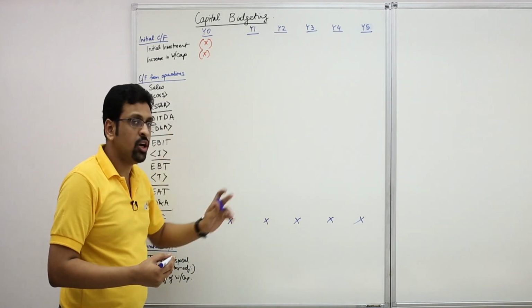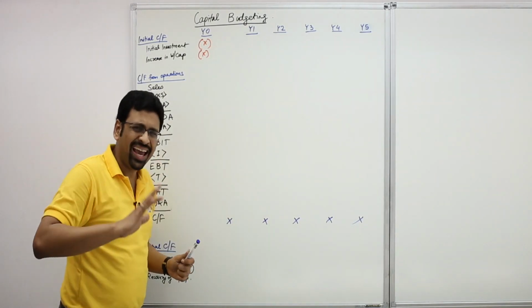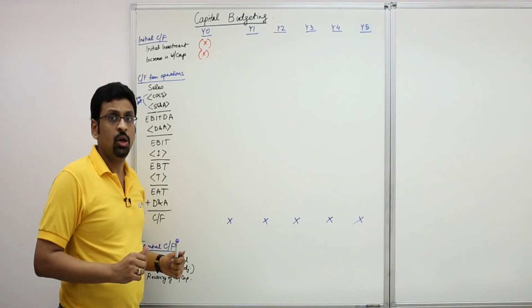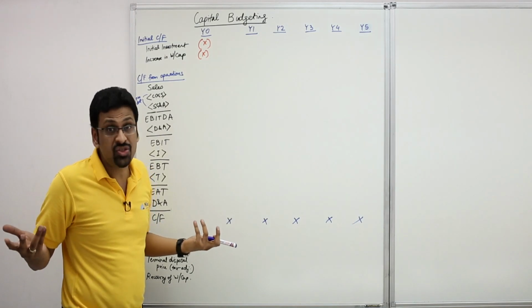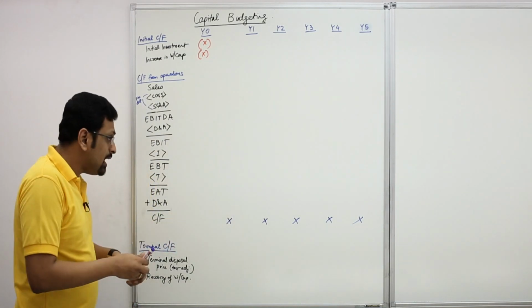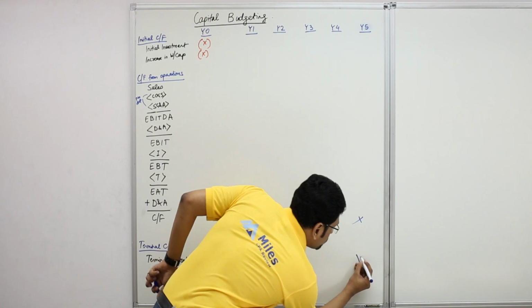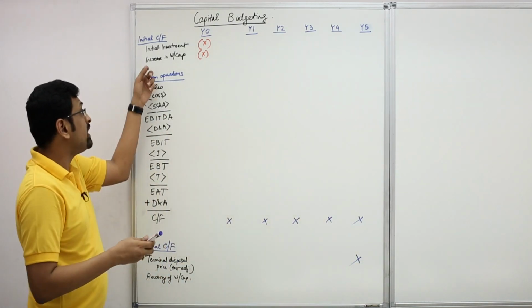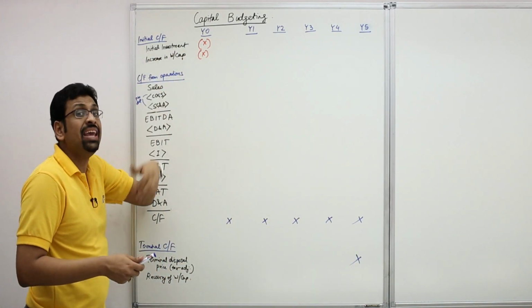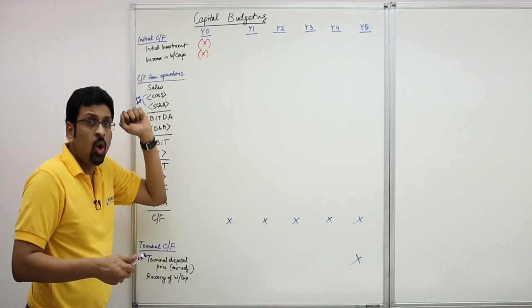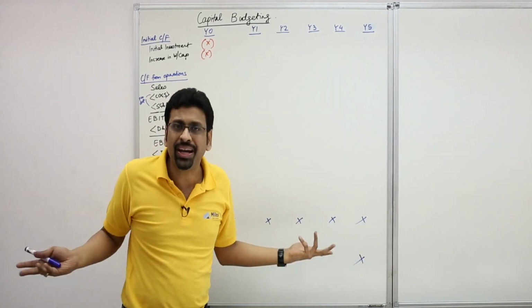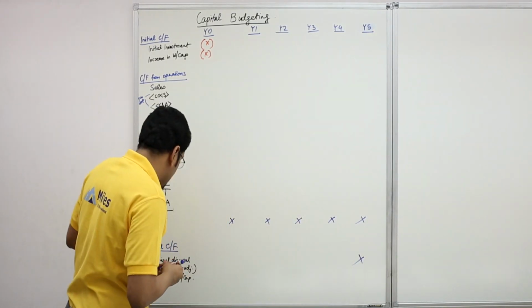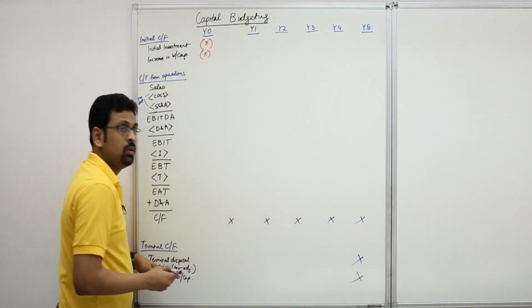At the end of year 5, we want to sell off all the assets that we have on this project. So when we sell off assets, we're going to get some salvage value, let's say. So that's going to be terminal cash flows that we're going to receive. Maybe this working capital, which was increased initially, would later be recovered because after the project is no more, you don't need that excess working capital. So let's say even that is recovered.